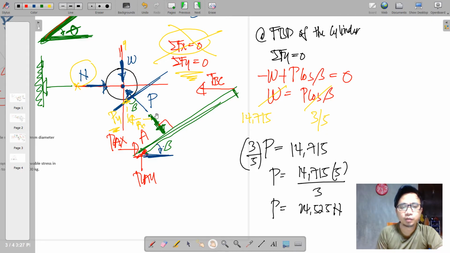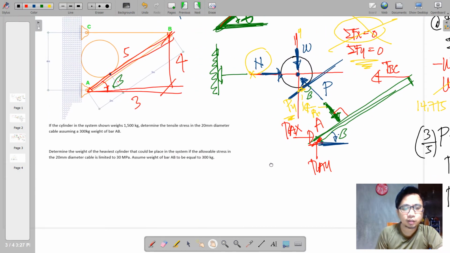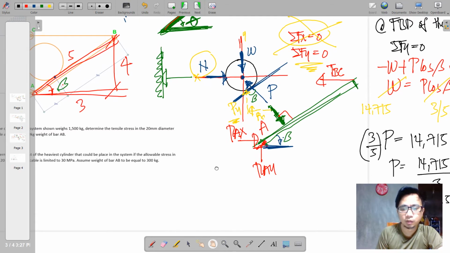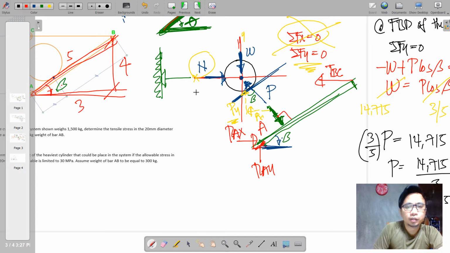After getting P, of course, we will now proceed to the FBD of AB. And remember that AB has a weight also. Where is the weight situated? It is actually at the midspan, and it is also vertically downwards.